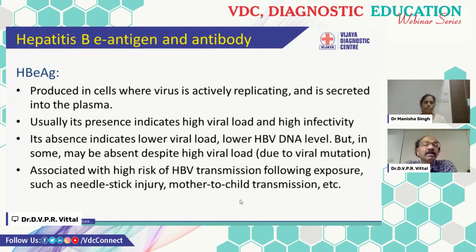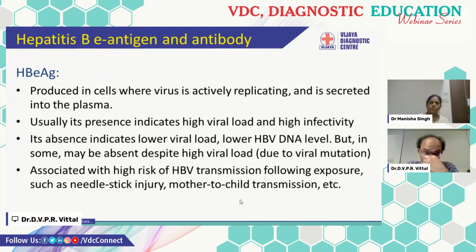Now, this particular antigen is produced in the liver cells where there is active multiplication of the virus. Along with this, during the multiplication of the virus, this antigen is produced, and it is also secreted into the blood or the plasma of the patients.